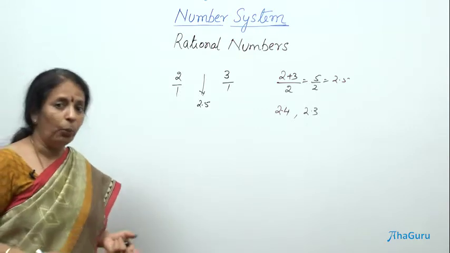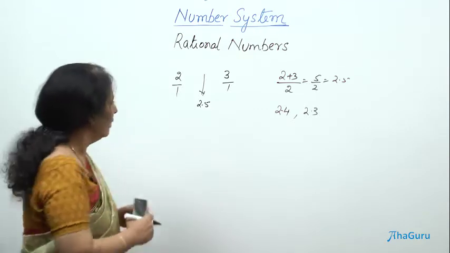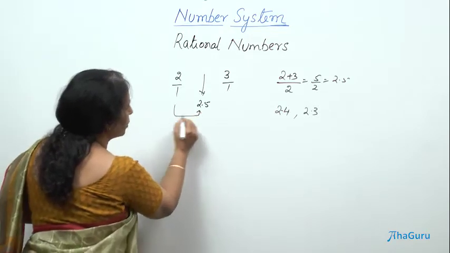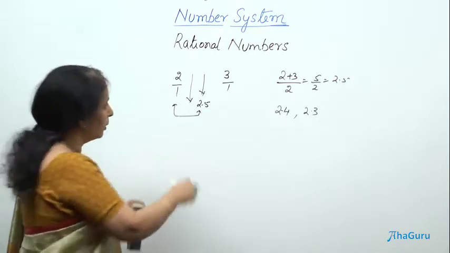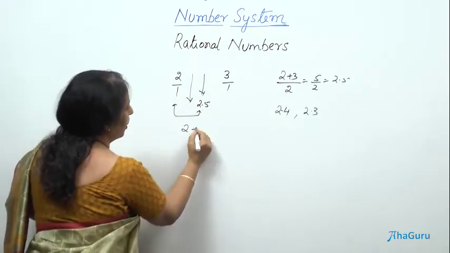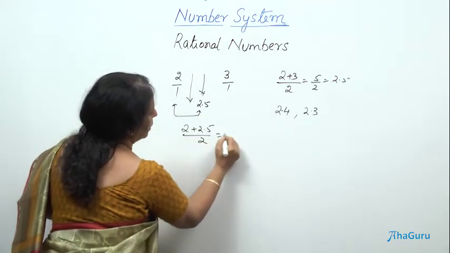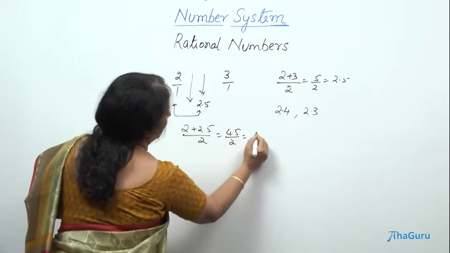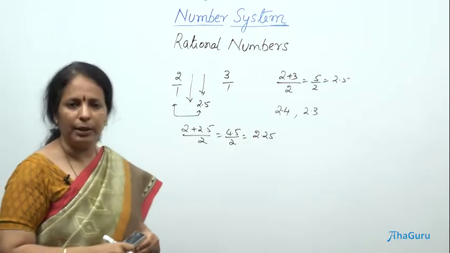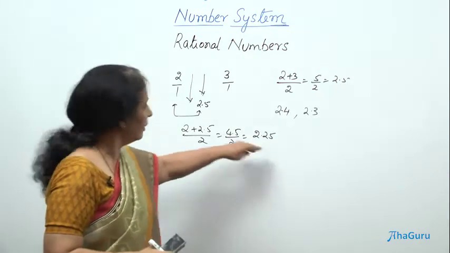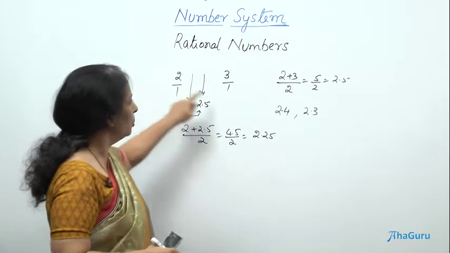Suppose you are asked to find one more rational number, then you can find the average between these two, 2 and 2.5, that also is going to lie somewhere in between 2 and 3. So 2 plus 2.5 by 2, which is 4.5 by 2, which is 2.25. This is also a rational number, a terminating decimal, lying between 2 and 3.